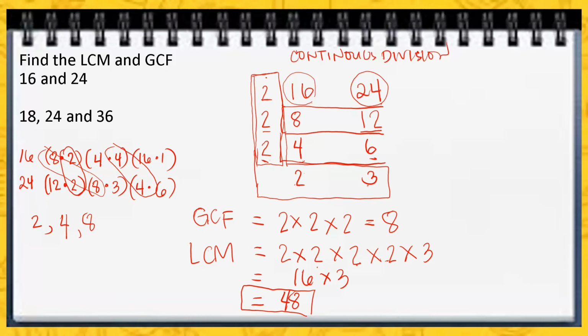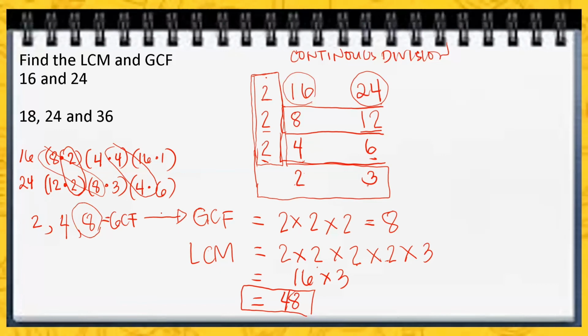Then, after listing the common factors, now we will choose which of the following factors or common factors yung mataas. Kasi nga sabi, greatest common factor. So, yung pinakamataas yung pipiliin natin, which is 8. So, the GCF is 8. So, if you notice, same lang din siya using the continuous division.